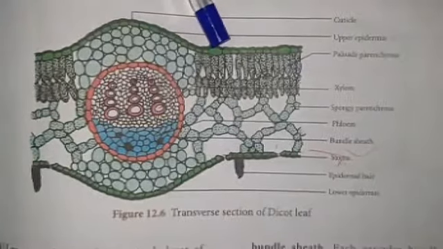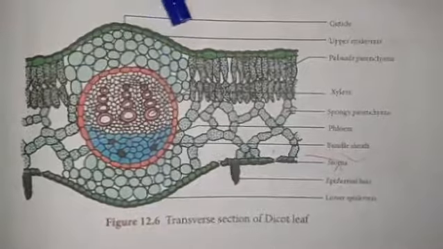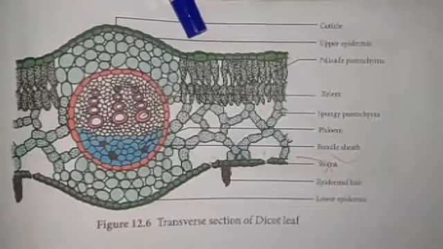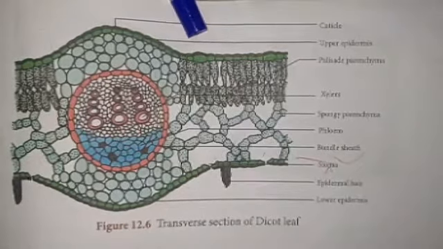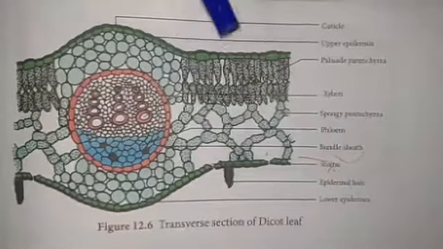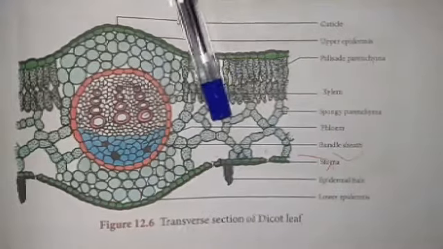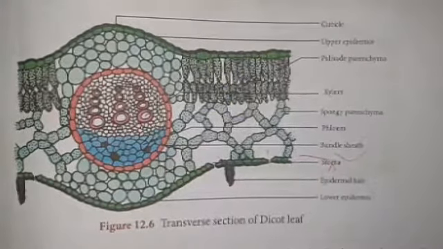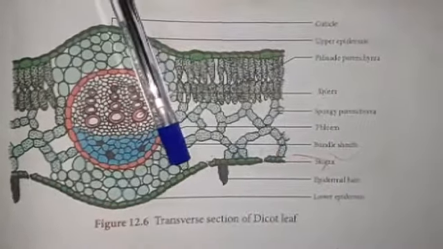Epidermis. The leaves of dicotyledons are generally dorsiventral. Dorsiventral means the mesophyll of the leaf possesses two different types of tissues: palisade parenchyma and spongy parenchyma. The dorsiventral leaf has an upper and a lower epidermis.